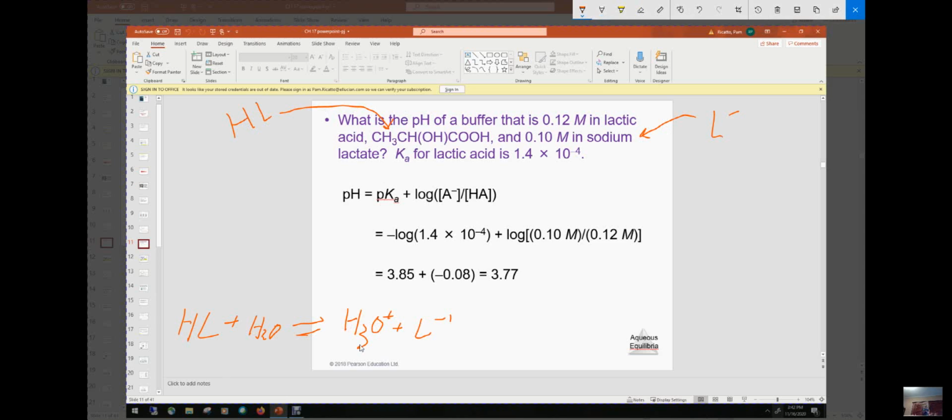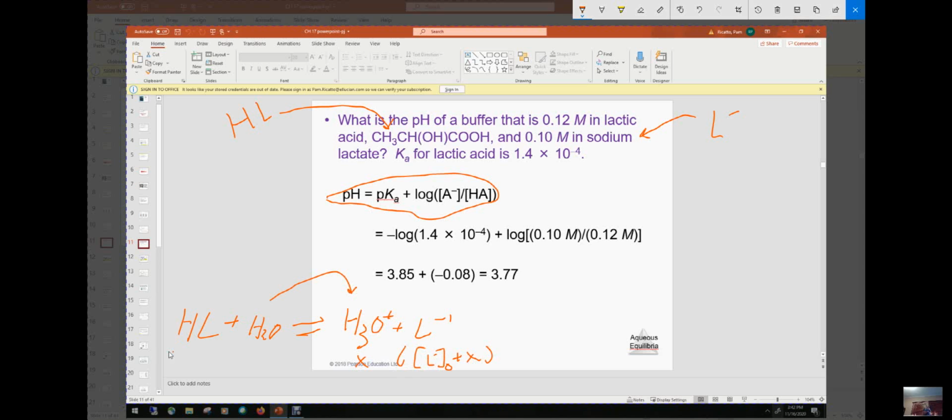If we did the whole ICE table, this guy would be X. This guy would be L. We X this, plus, but it's going to be small next to this guy, right? This is the one that's going to add on because it's got to come out of the gate by going to the right to make a little bit of X. This is going to be the initial amount of HL plus X, right?